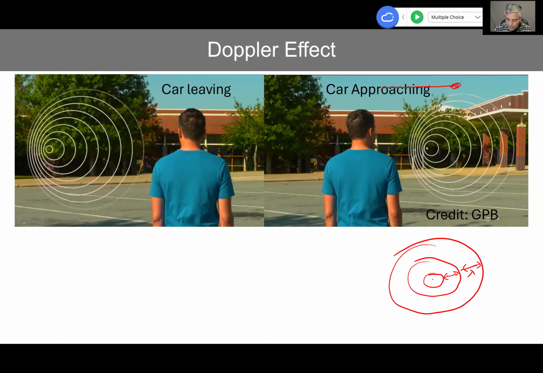But when you are tapping here but also moving, let's say in that direction, then what happens? The tap from this one, when you tapped it here, the original wave has already reached over there, and the one that you tapped from here is now approaching there, and then this one is just coming out. So what happens is they become crowded on the side the source is moving.